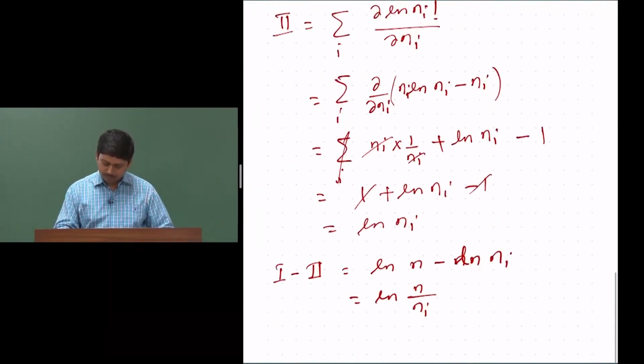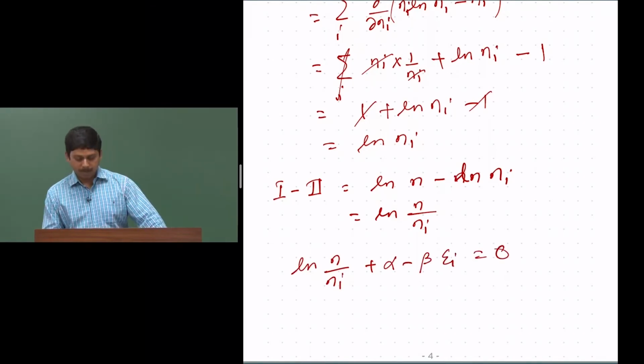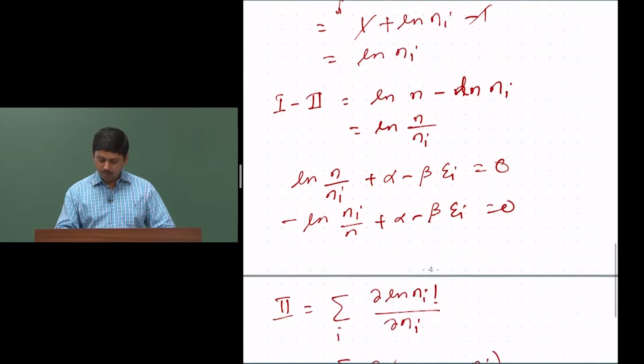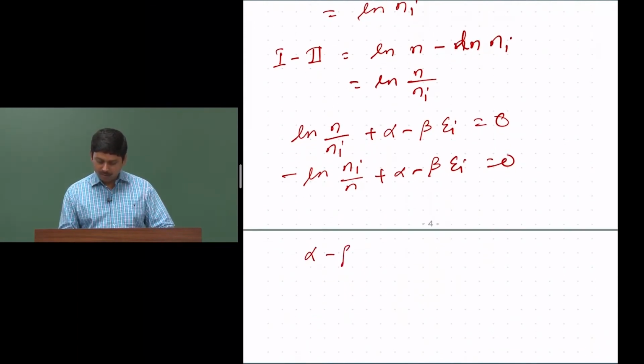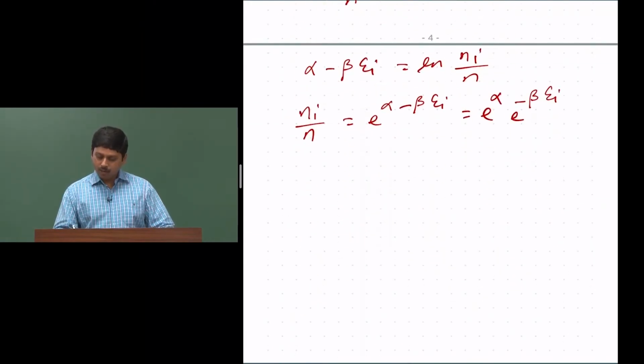So then ln n by Ni plus alpha minus beta Ei is going to be 0, which means minus ln Ni by n plus alpha minus beta Ei is going to be 0, which means alpha minus beta Ei is going to be ln Ni by n. This means Ni by n is e to the power alpha minus beta Ei, which by the product rule is e to the power alpha into e to the power minus beta Ei. Let us call this equation 2.